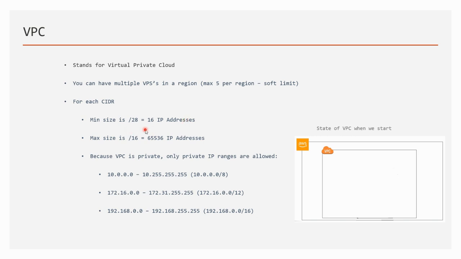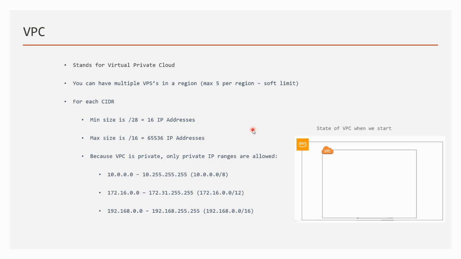So /28 means that particular subnet can have 16 instances of whatever resources you are going to create. If you use a /16, that means you have 65,536 IP addresses available to give to your hosts. And of course, VPC is private, so only private IP ranges are allowed.